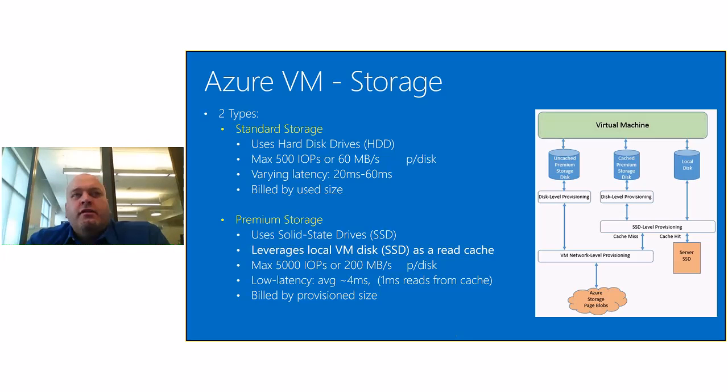And they're relatively low latency, about 4 milliseconds, 1 millisecond reads from cache. And the difference in billing is it's billed by provision size. So really, when you're setting this up, you want to make sure you set the size to something that's relevant to your application, as you're billed by the provision size, not size used. So if you provision a terabyte of data, you're paying for a terabyte of disk space.